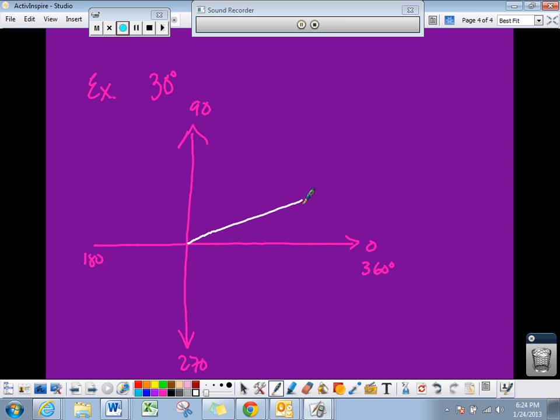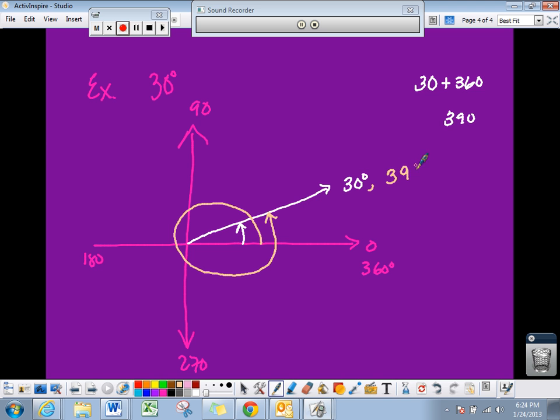Okay? So this is my 30 degrees. So I want to find the coterminal angle for this. So I'm going to take 30 degrees and I'm going to add 360 to it, and it's going to give me 390. I'll use a different color. Go all the way around, and there we go. So now it's not only 30 degrees, but it's 390 degrees. Okay? I can also say 30 degrees minus 360.